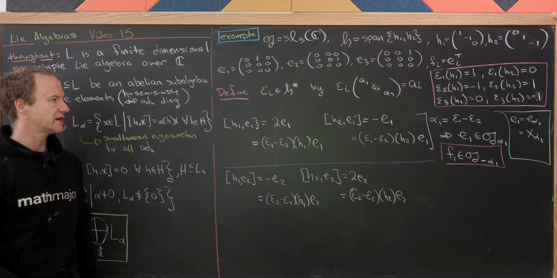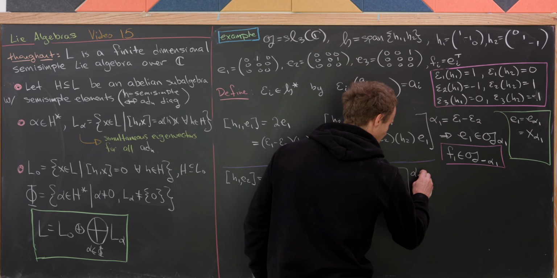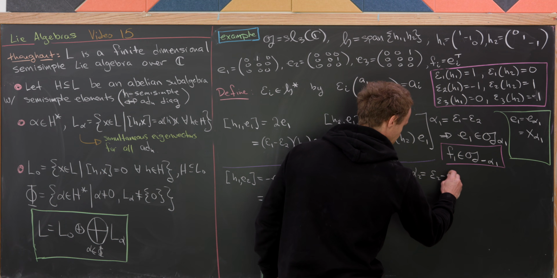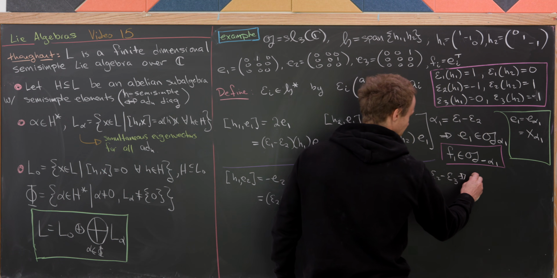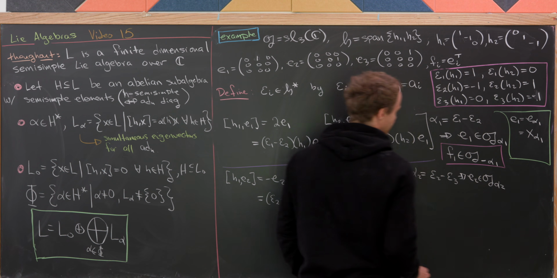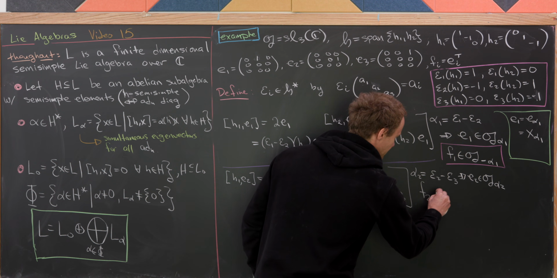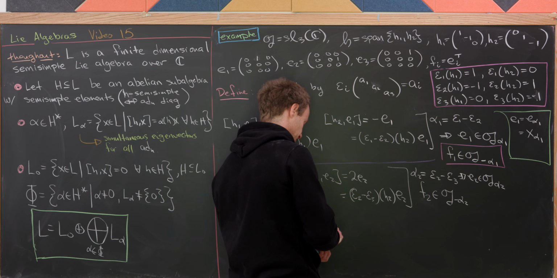And then we could do the same kind of thing that we did over here. We could set alpha 2 equal to epsilon 2 minus epsilon 3. And what we would have here is E2 is inside of G alpha 2. And then very similarly, F2 is inside of G minus alpha 2.